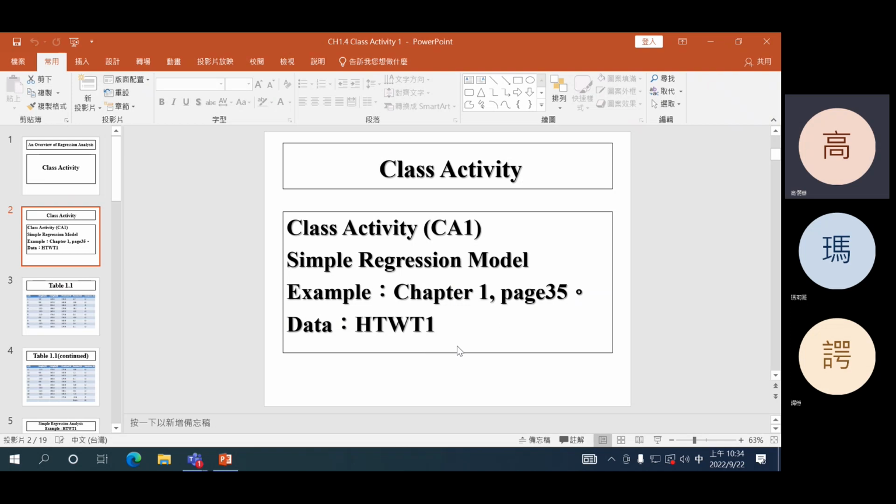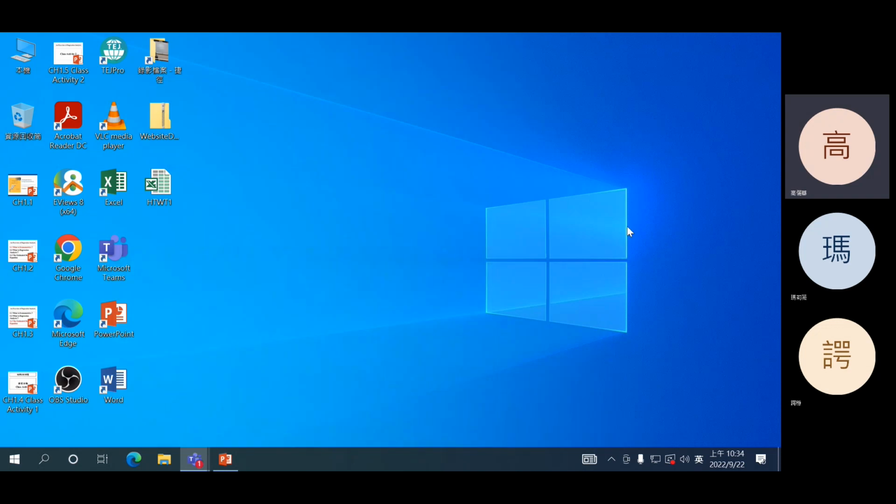If you have the textbook, this shows the example, and the data is HTWT1. So let us use the data first. Since I have this data set, let me explain how to use Excel to move data into EViews.